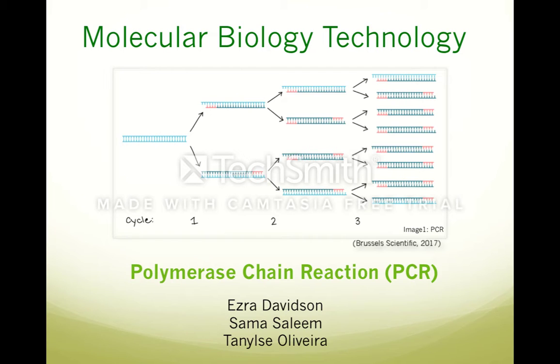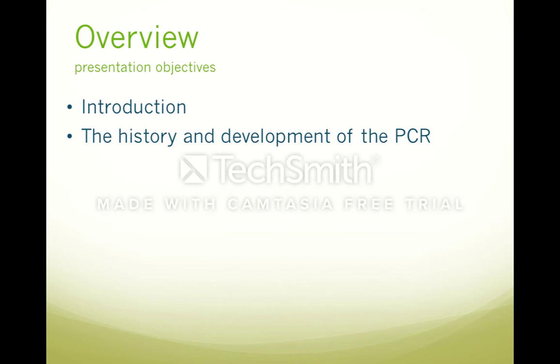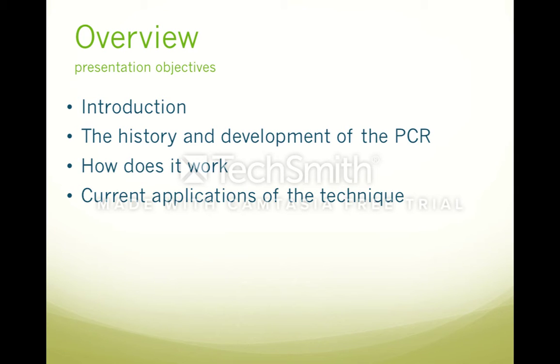We're going to talk about a molecular biology technique called polymerase chain reaction, or PCR. So let me quickly show you the aspects that we're going to look at in a little bit more detail along this presentation. We're going to talk about the purpose of the technique in the introduction and what PCR is used for, when it was discovered, how this technique was developed, followed by how PCR works, its application.